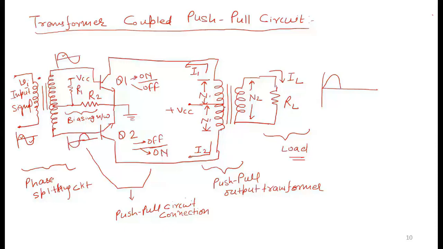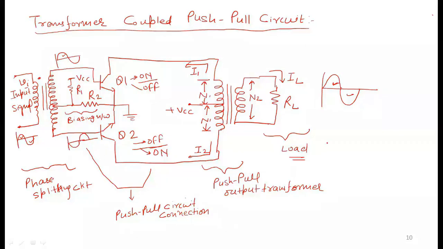So a reverse polarity second cycle will be obtained at the RL, the load resistance. Hence we will get the negative cycle. So during the positive half of the input cycle, we will receive the positive half in the output, and during the negative half cycle of the input, we will receive the negative half in the output. So this is the working of the transformer coupled push-pull circuit.